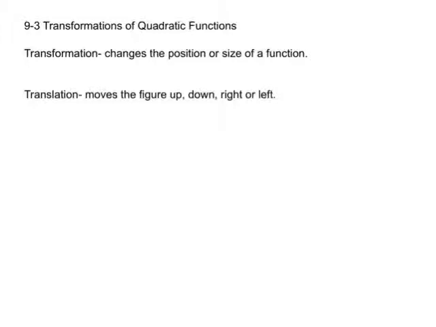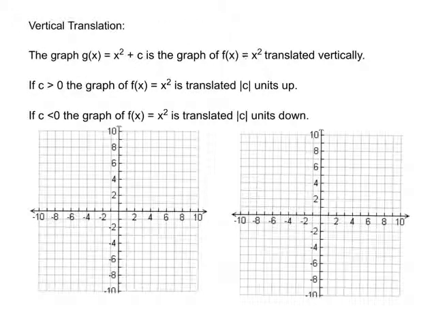A translation moves our figure up and down or right or left. And for our purposes in this lesson, we're just going to be looking at up and down translations. The graph of g of x equals x squared plus c is the graph of f of x equals x squared translated vertically.